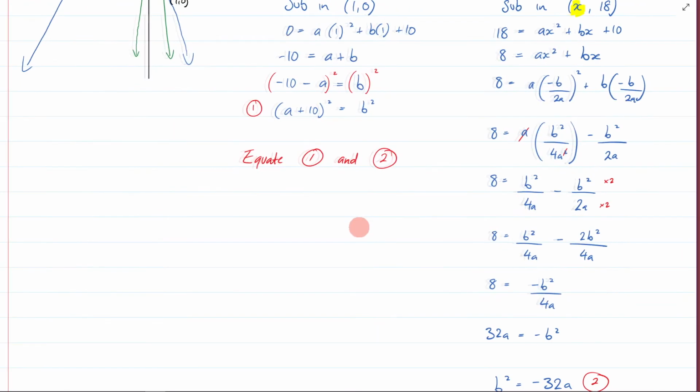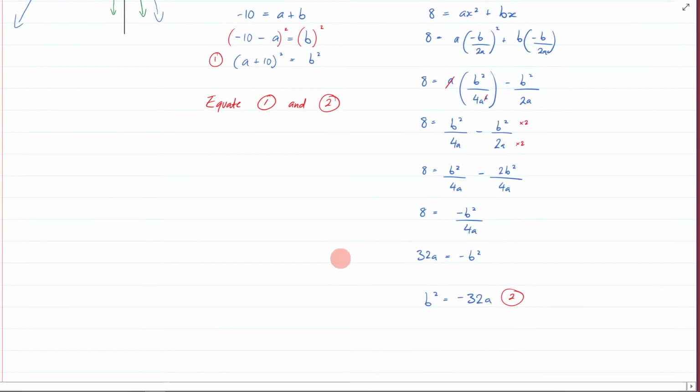And now let's just zoom out here and just appreciate what I'm saying. b squared is equal to this. b squared is equal to that. So that means what I can do now is go a plus 10 squared is equal to negative 32a. I've equated 1 and 2 together because they're both equal to b squared.